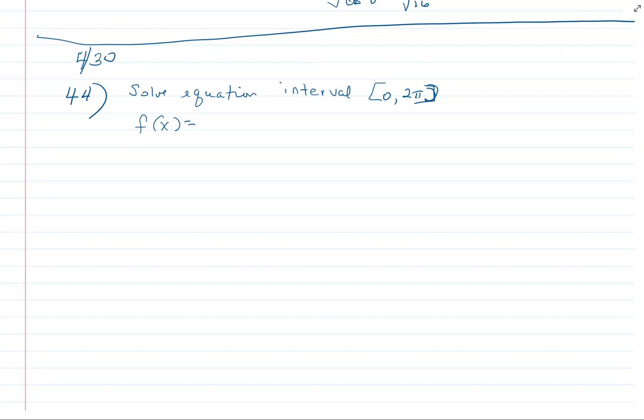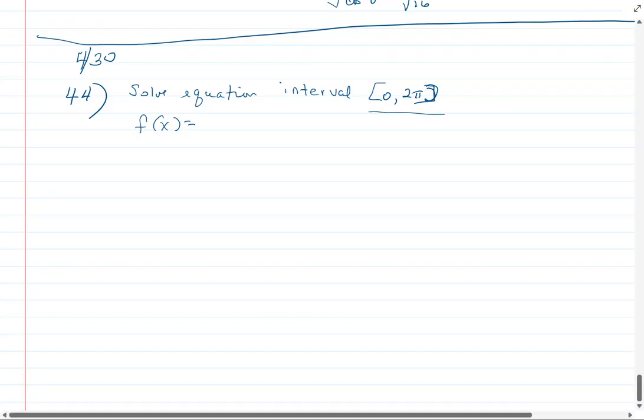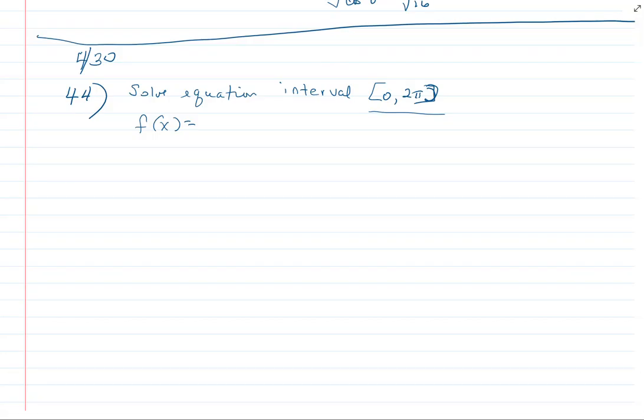We're going to start today on our review for the final, on number 44 on our sheet. It is solving trig functions on a defined domain of angles, 0 to 2 pi, radian measure.